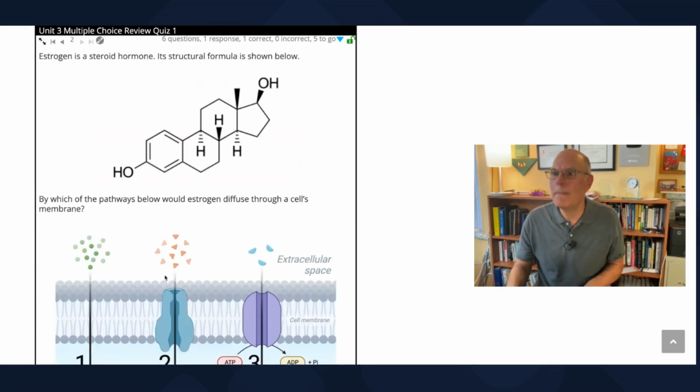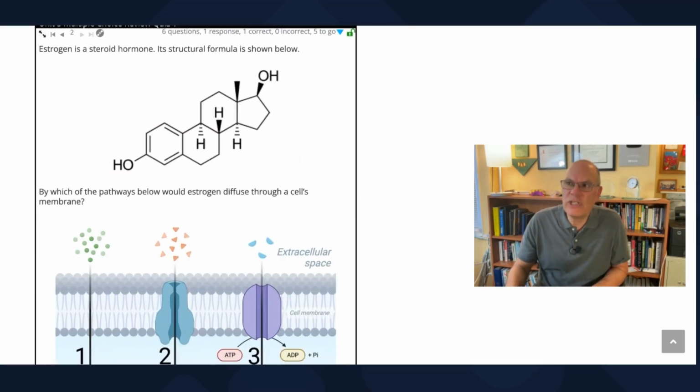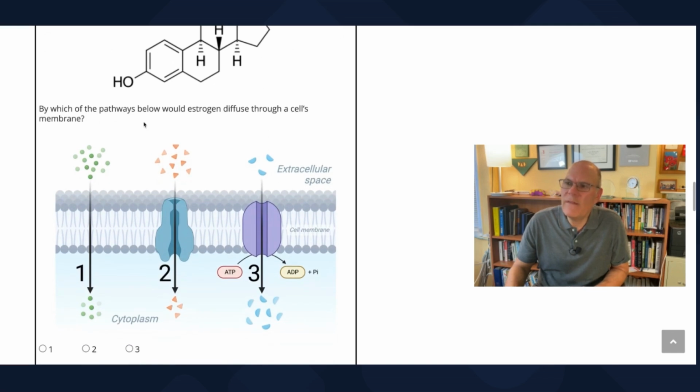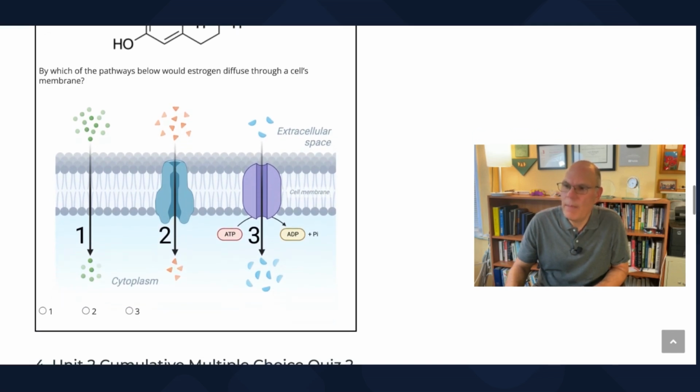Next question. Estrogen is a steroid hormone. Its structural formula is shown below. It's showing the structural formula of estrogen, which is a bunch of fused carbon rings with hydroxyl groups on both ends. Which of the pathways would estrogen diffuse through a cell's membrane?